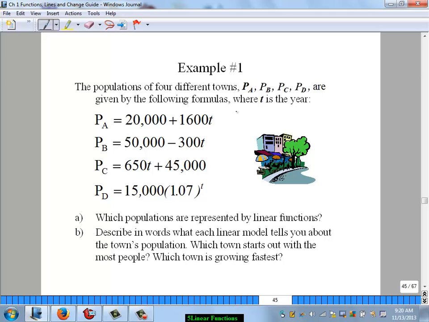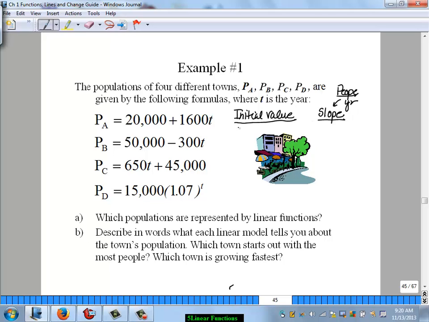So my beginning is my initial value. And we're going to do your slope or your growth. Since it's people, the slope is really the number of people per year that's growing. So when I say slope, that's your rate of change.